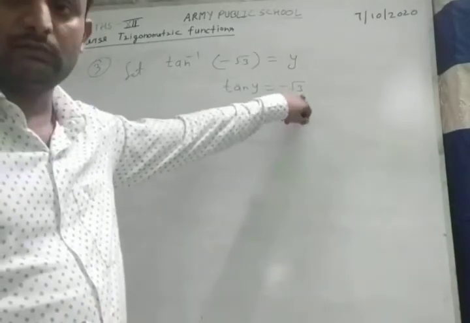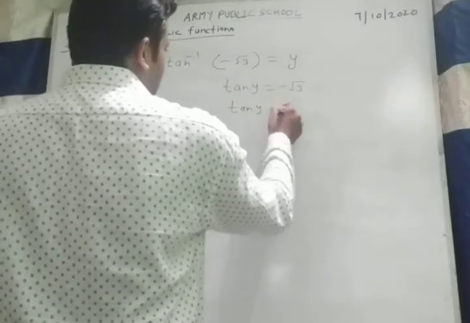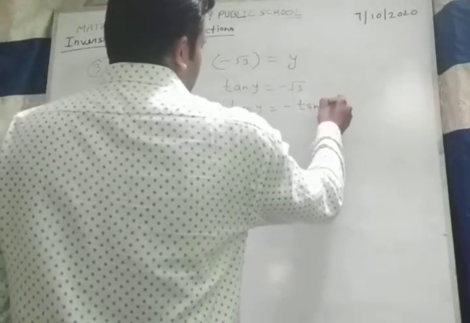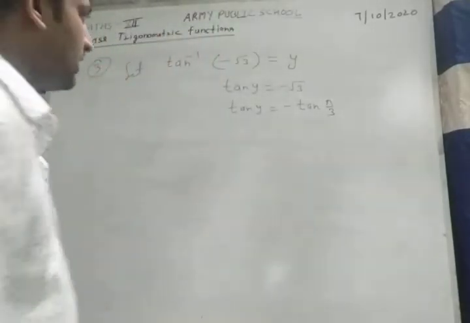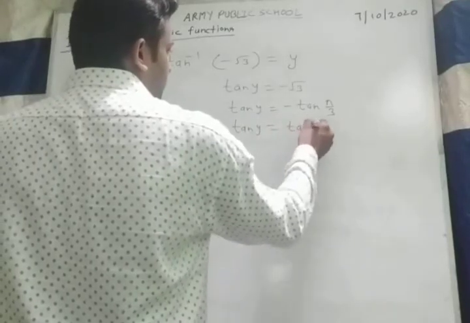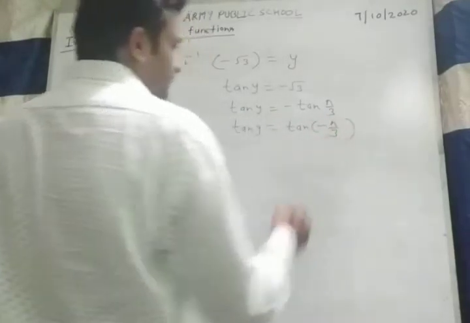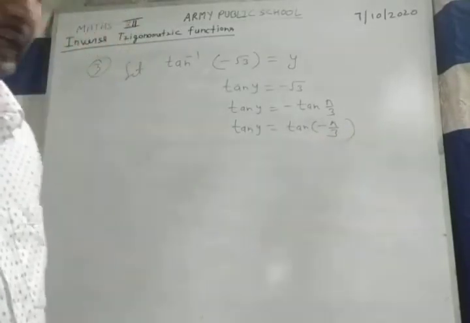Tan 60. This is the value of tan 60. So we can write tan y is equal to minus tan pi by 3. Now we can write tan y is equal to tan of minus pi by 3.